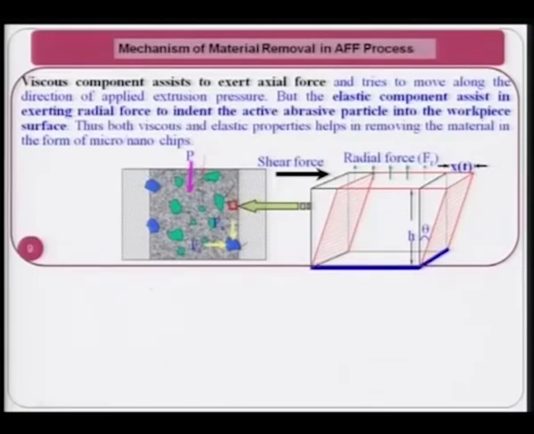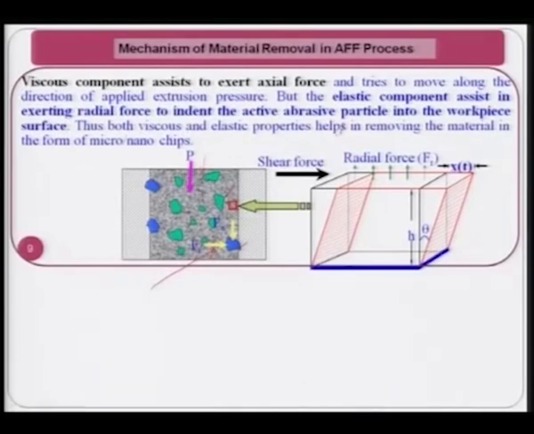Now, you can see here the normal force Fr, which is due to the elastic property of this particular rheological medium, which is responsible for making the abrasive particle penetrate inside the workpiece surface, and the axial component of the force Fa is responsible for pushing this abrasive particle forward, so that the material is removed in the form of a microchip. Thus, both viscous and elastic properties help in removing the material in the form of micro nano chips.